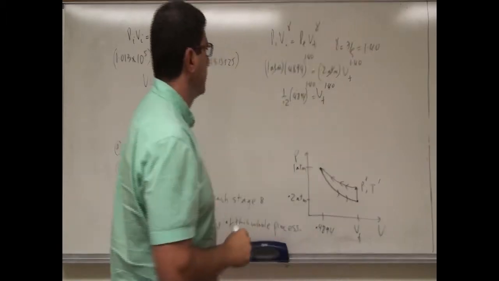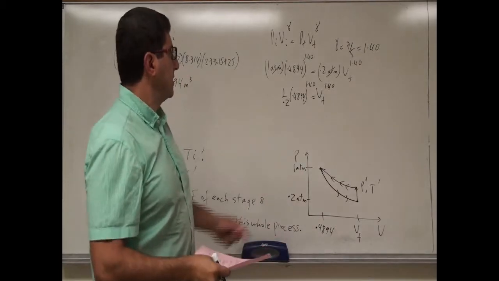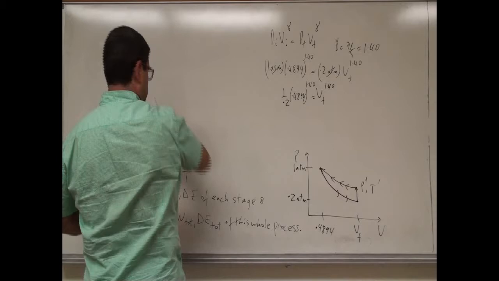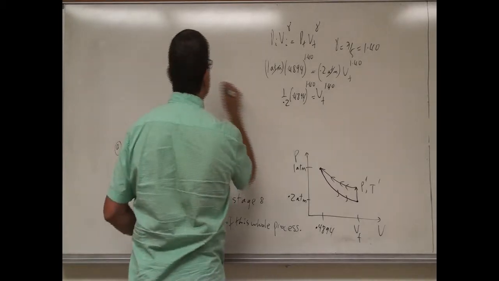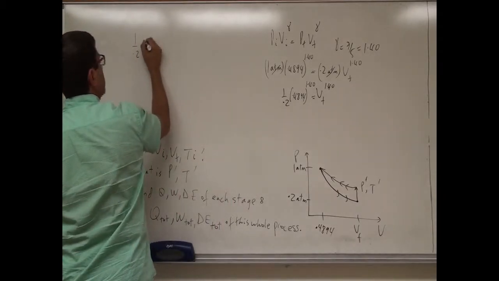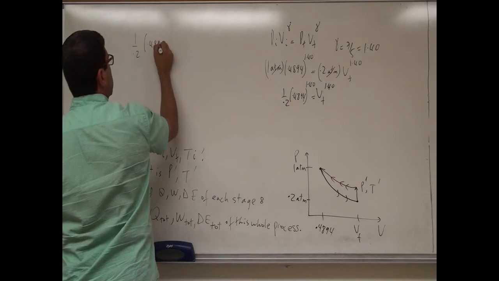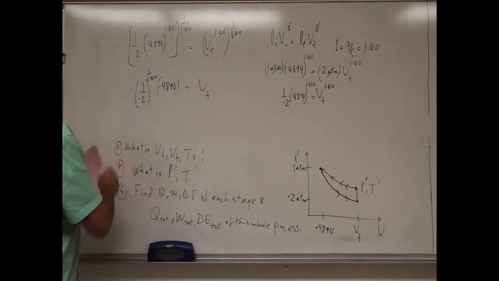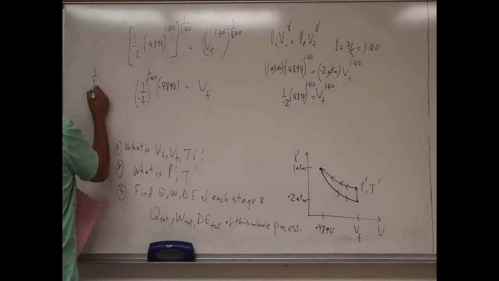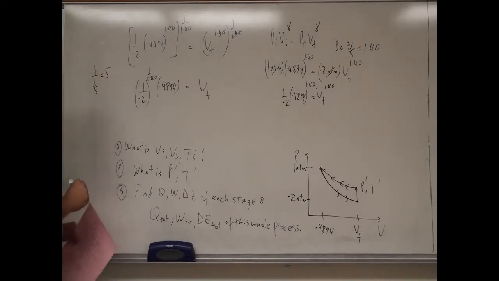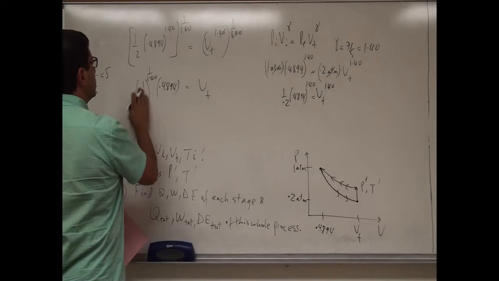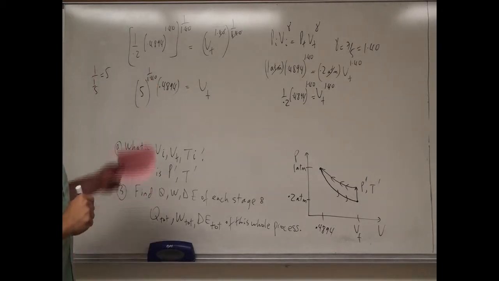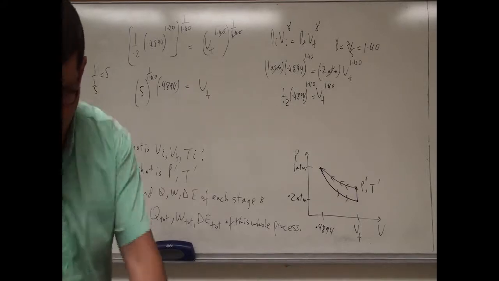Then you're going to raise both sides to the power 1 over 1.40. What is 1 over 0.2? It's 1/5, which is just 5. So basically you're going to have V final equals 5 to the power 1 over 1.40 times 0.4894.